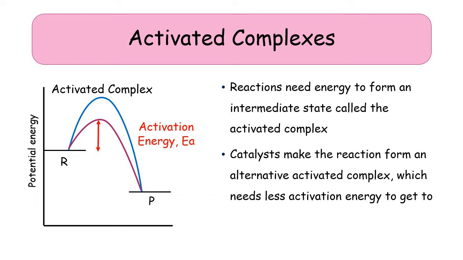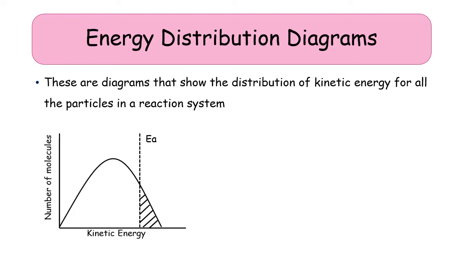We can represent this change and understand how catalysts work on another type of diagram known as a kinetic energy diagram, or an energy distribution diagram. This doesn't look at reactants and products, it just looks at all the particles in your reaction. So you have energy along the bottom, this time it's kinetic energy, moving energy, and then we've got a number of molecules.